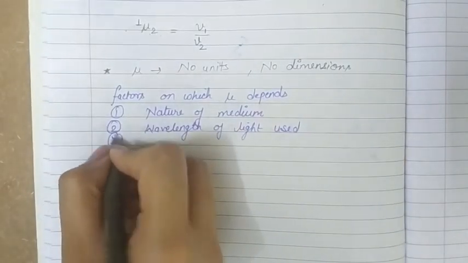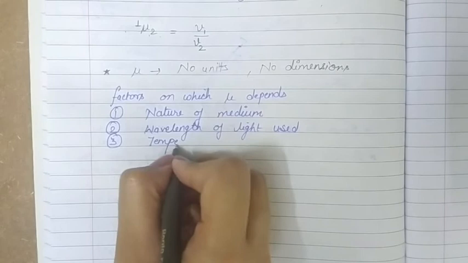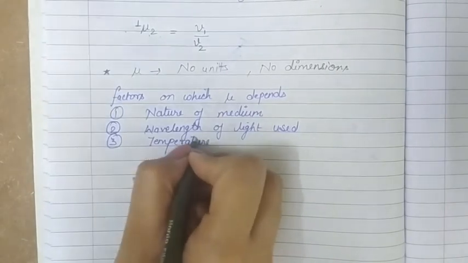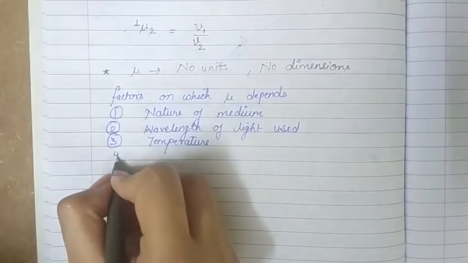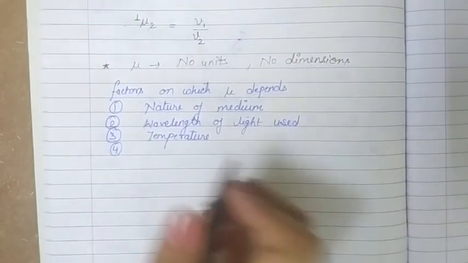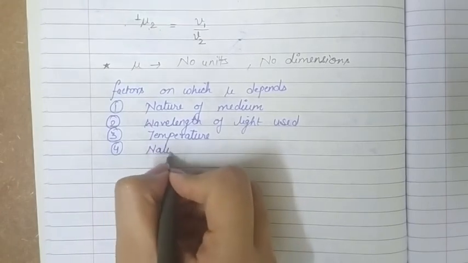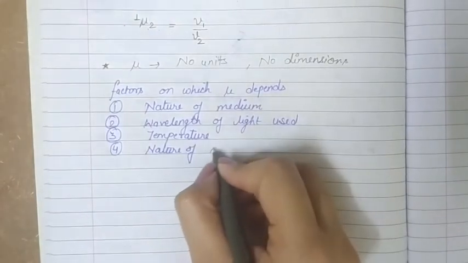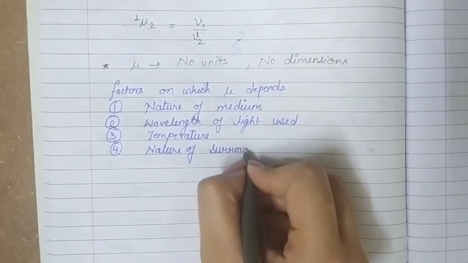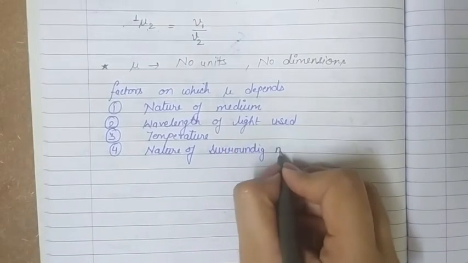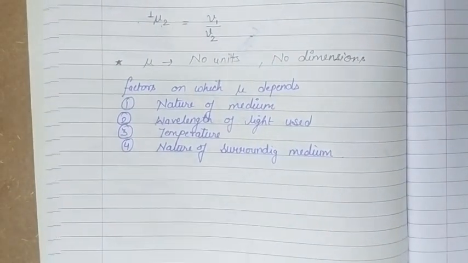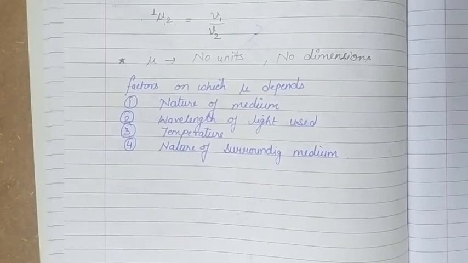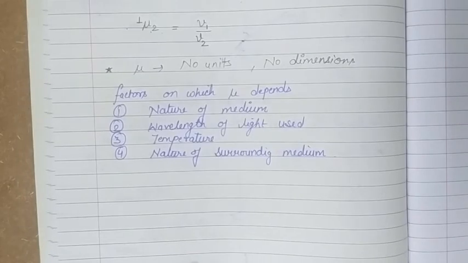Next, it depends on the temperature, as well as other natural surroundings, meaning it depends on the nature of the surrounding medium. Whatever medium is around the one we are using will also affect the refractive index of the given medium. So these are the four factors on which the refractive index depends.